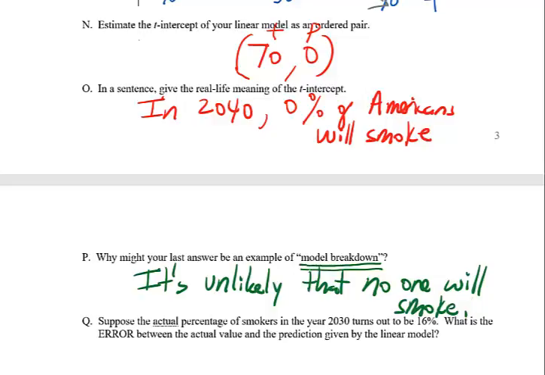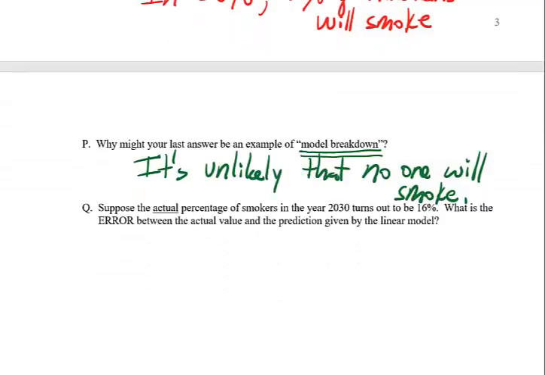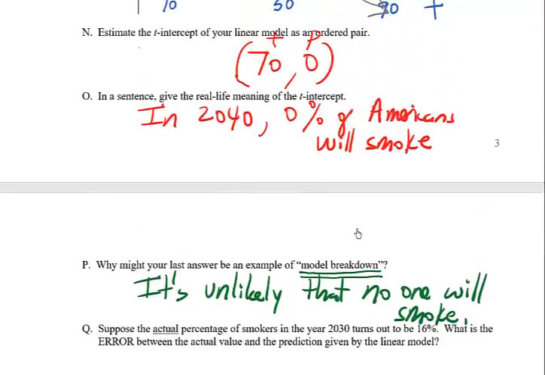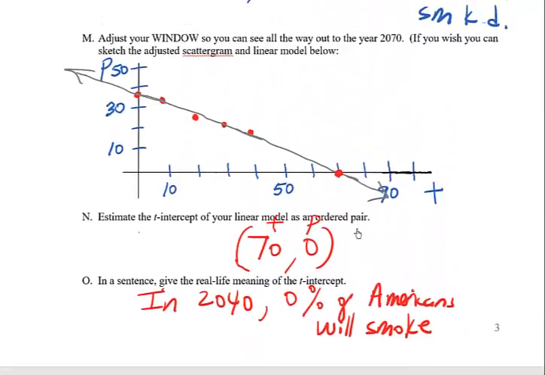Finally, letter Q says, let's talk about the year 2030. And let's suppose that when that year rolls around, it turns out that 16% of Americans smoke. The question says, what is the error between that actual value and the prediction given by our linear model? Well, we're going to have to go back up to our linear model. We're going to have to think about what t number we're talking about. 2030 minus 1970 is 60.